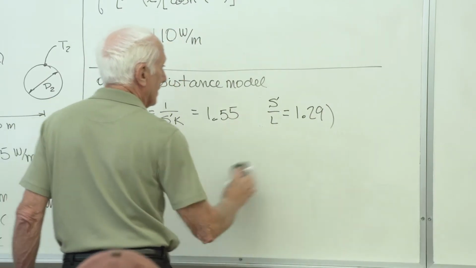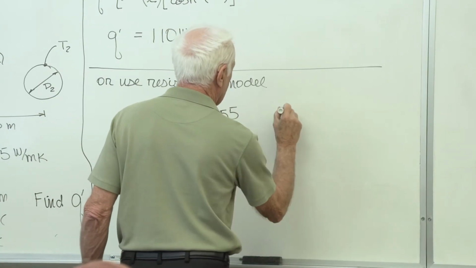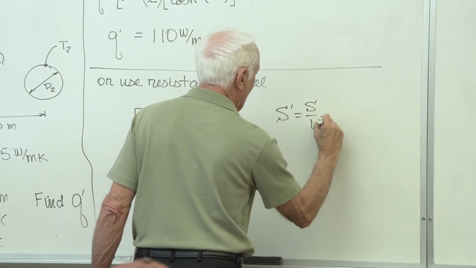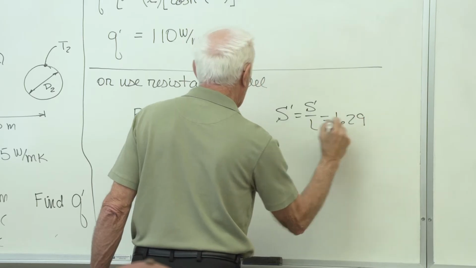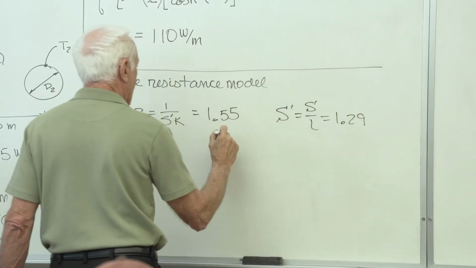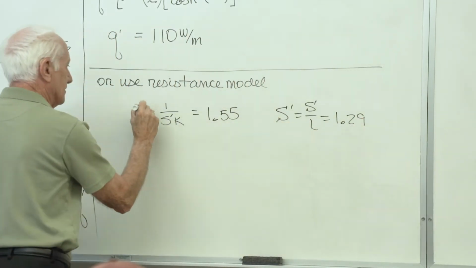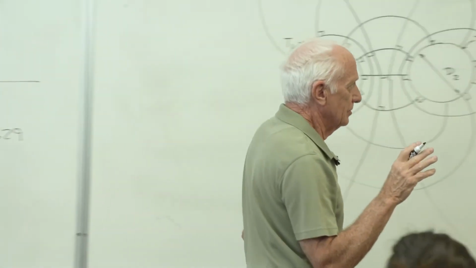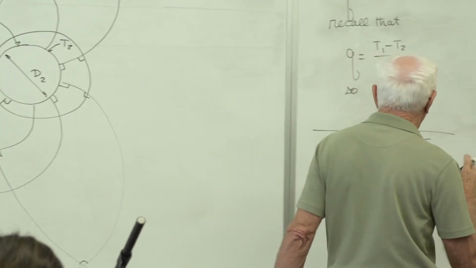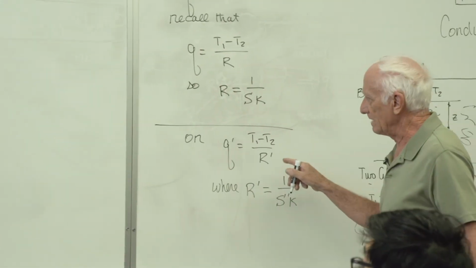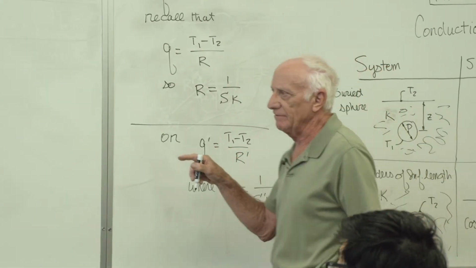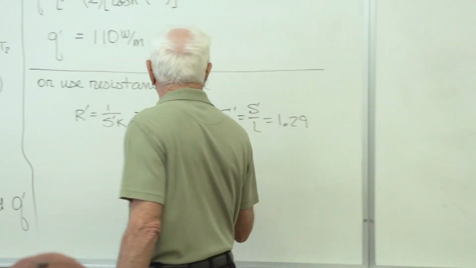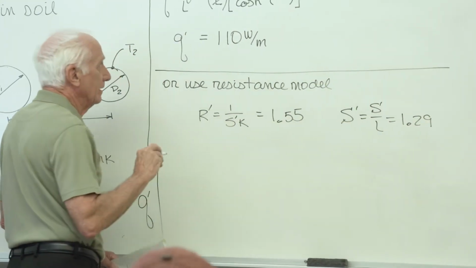Let me just make a note here. Okay, that's S prime. See, we can't use R because we don't know how long it is. So we have to base everything on per meter length. So we have to use the R primes because he asked me to find Q prime. He didn't say find Q, he said find Q prime. So we have to base everything on per meter length, okay?